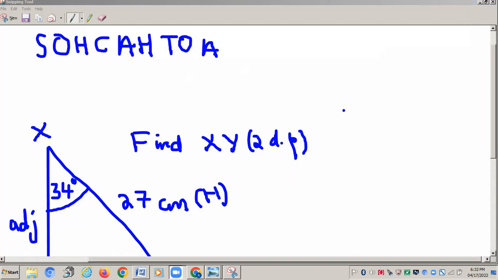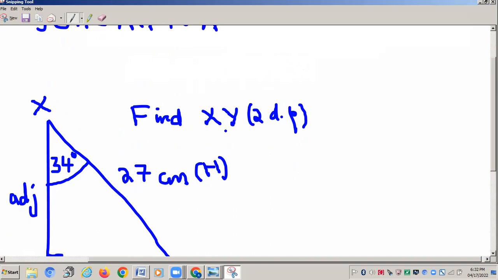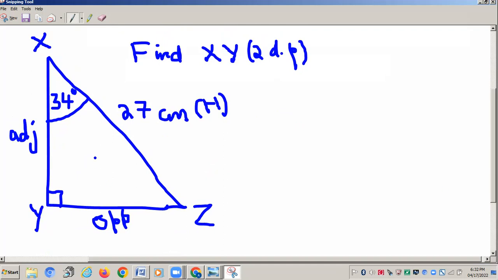Then you go to the question. The question wants us to find XY. But XY is the adjacent, agree? If we want to find the adjacent side, the formula must have the adjacent in it.